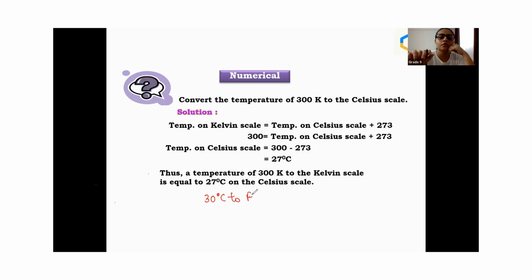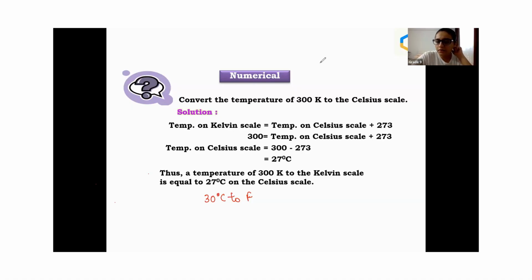So we got the answer. 86. Ohm says 86 degree Fahrenheit. Mehak also says so.